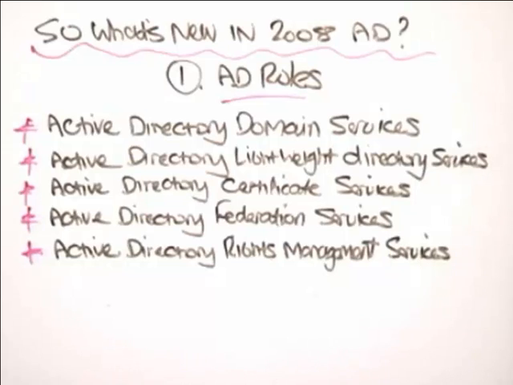In terms of rights management, again, another free download that Microsoft had for Windows Server 2003 was rights management. Again, this has now been integrated into Windows Server 2008 as Rights Management Services. And this allows you to protect your documents or your intellectual property rights of maybe your PowerPoint presentations, emails, and so on.